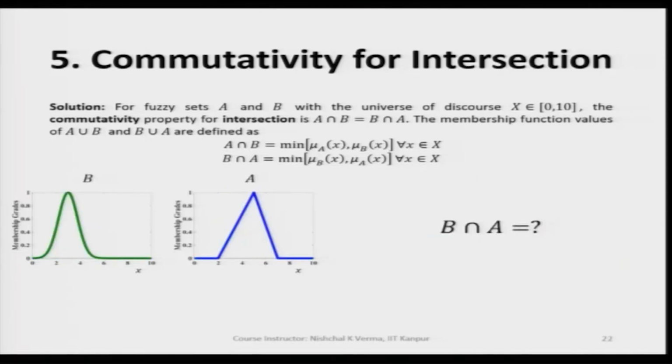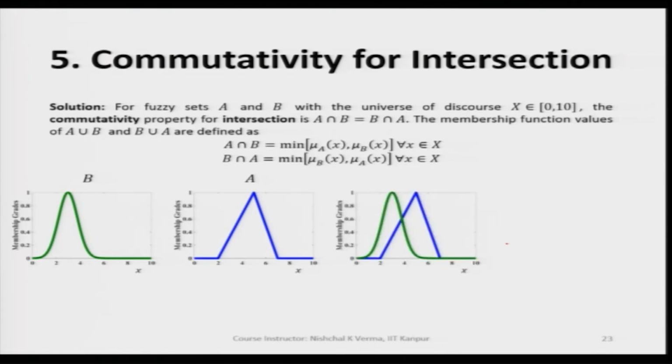Now, when we take B first and then A, of course, these B and A are two fuzzy sets. Let us see what is happening.